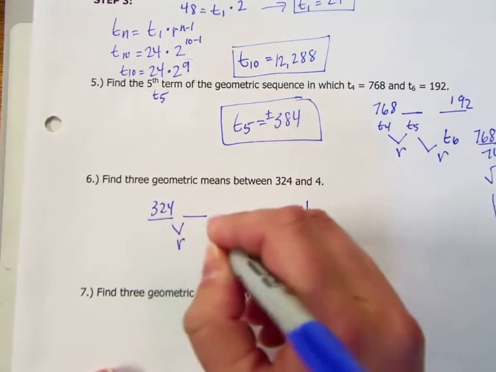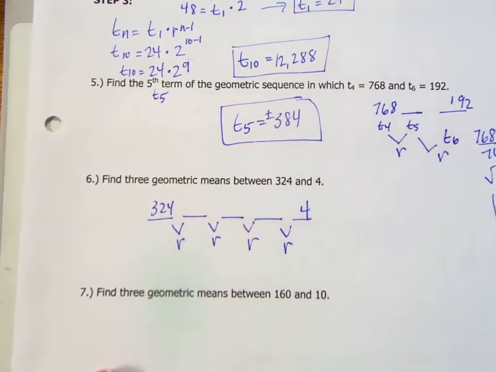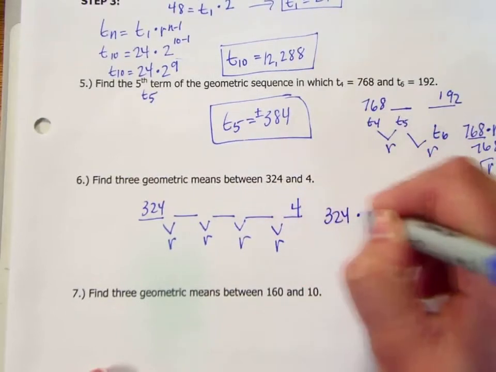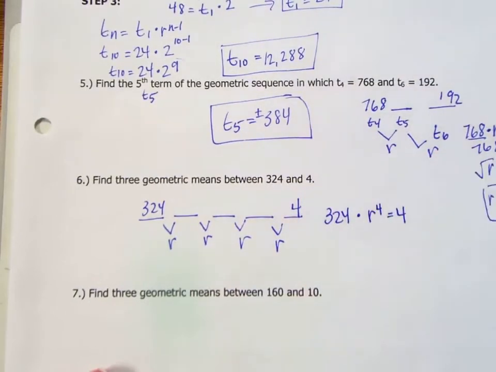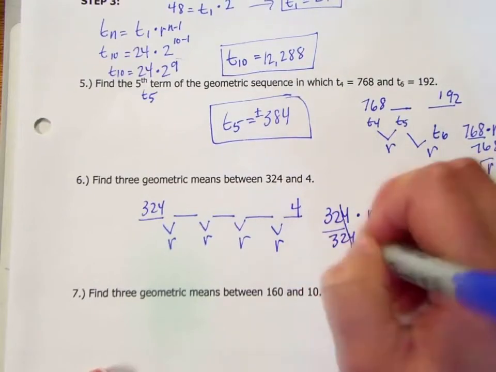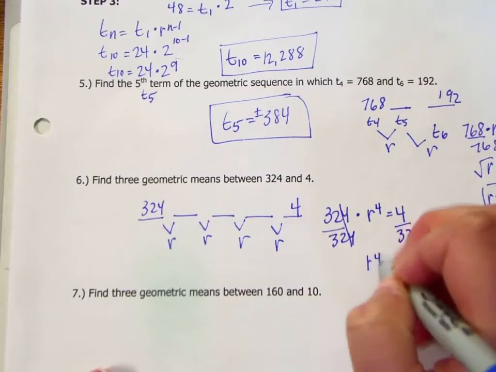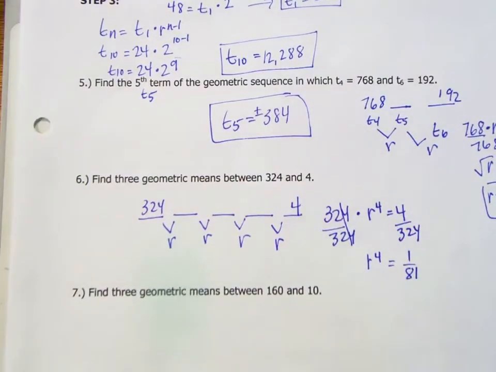So we multiply times 1, 2, 3, 4 common ratios. So 324 times 4 common ratios gives me 4. Divide both sides by 324. And that gives me r to the 4th equals 1/81.